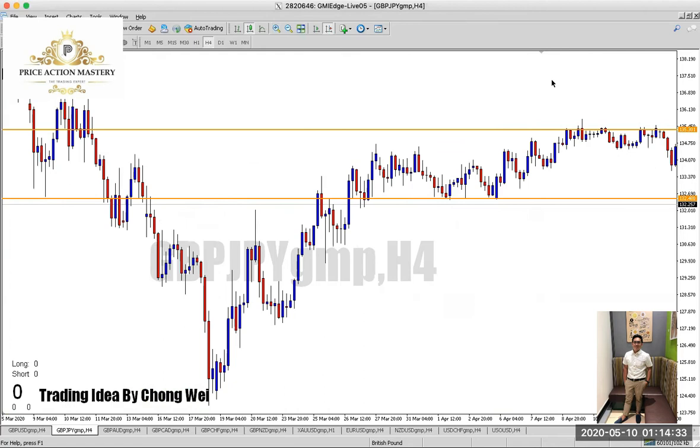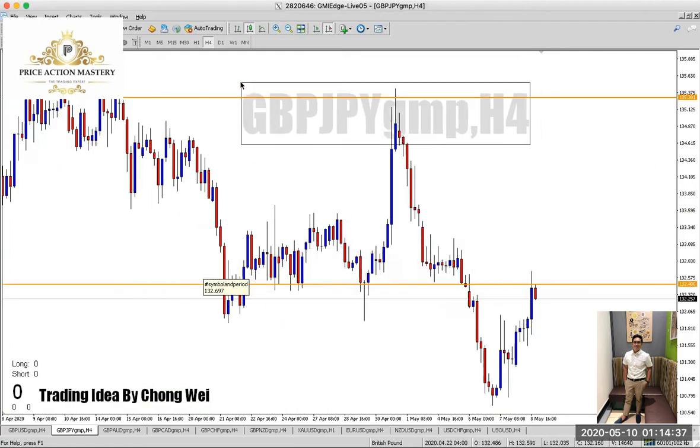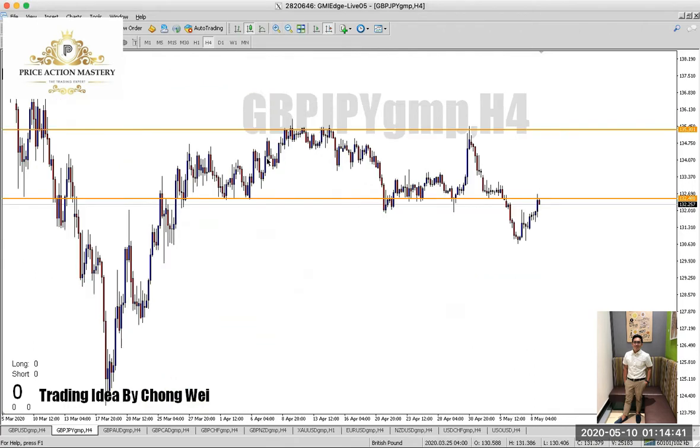For GBP JPY, I can see in H4, let's draw the high low. This is basically the low, high, lower low, and then this is our lower high.